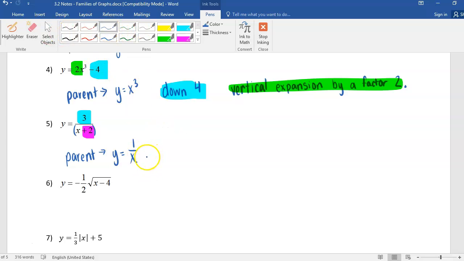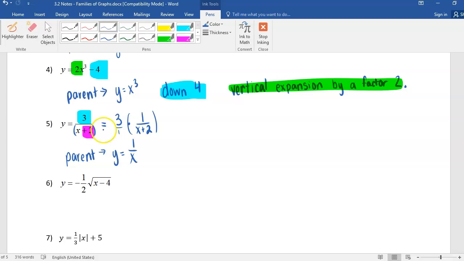Also, I think this is a little bit tricky because that 3 right there, I don't even really know what's happening to that. But would it be okay if I wrote it like this? 3 times 1 over x plus 2. Is that okay? Because if I multiply fractions, right, I would put this over 1, and I'd multiply straight across, and I'd get 3 over x plus 1. So really, it's like you've got that 3 out front, and you're multiplying the whole thing by 3.